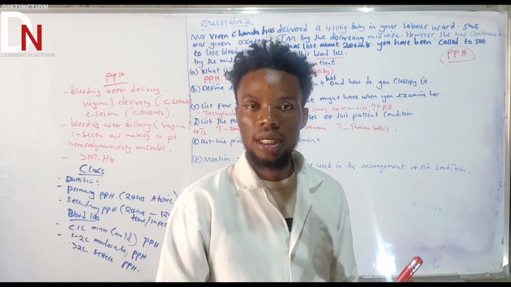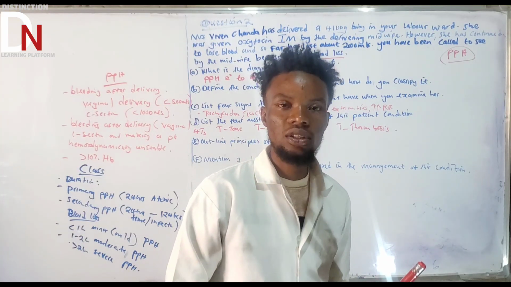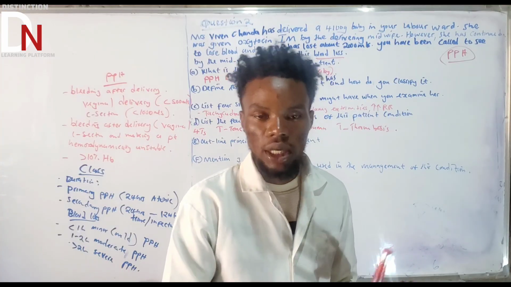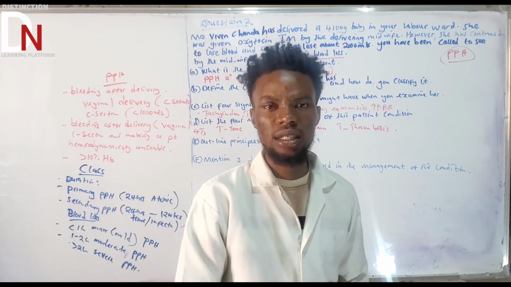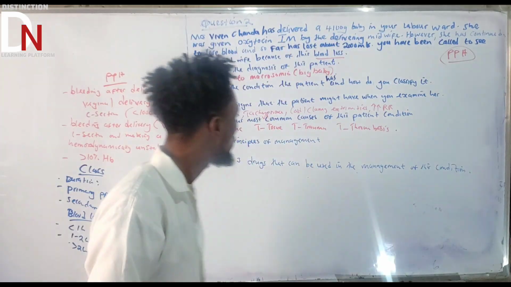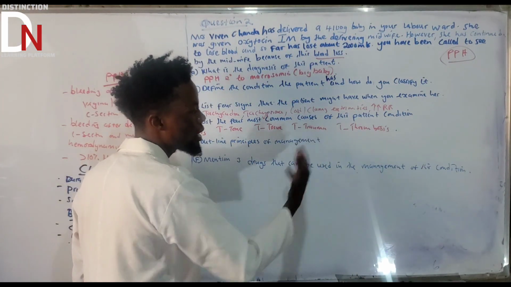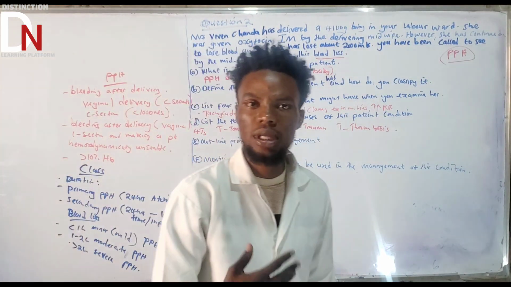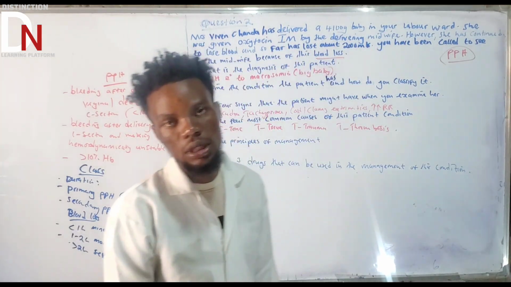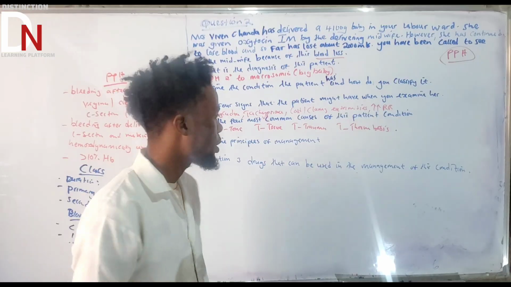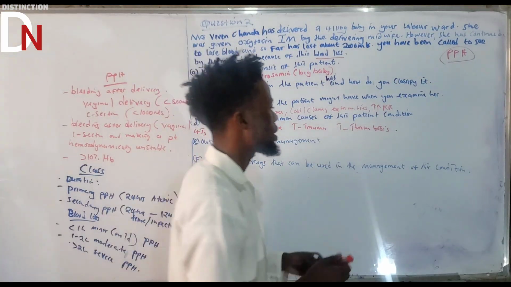Maybe need to check for accessory placental lobe. Need to look at the placental disorders like accreta, percreta, increta, all those things under tissue. Trauma, we talked about laceration, the degrees of laceration, because they are very, very important. From first degree up to fourth degree, we talked about that. Thrombosis, we talked about DIC.